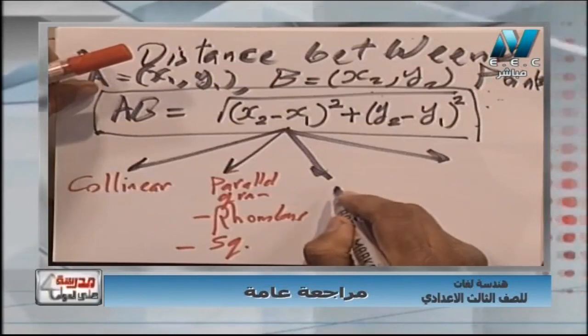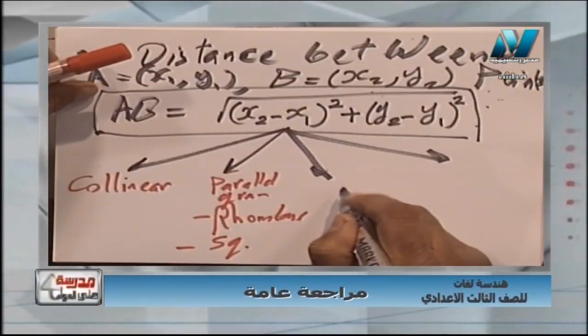Okay, as you know, in a rectangle, we can use just two opposite sides equal, and the diagonals also, as you know, are equal in a rectangle. Maybe you can use this rule or formula to prove the center of a circle.